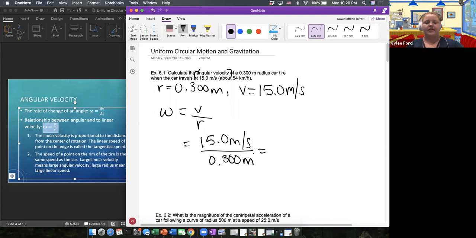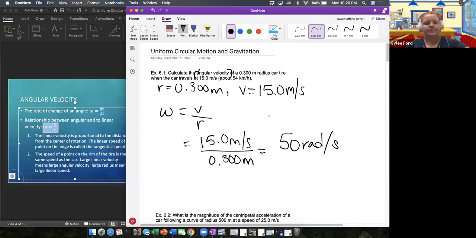And 15 divided by 0.3 is 50. Oh, come on, pen. 50, and I would say radians per second.